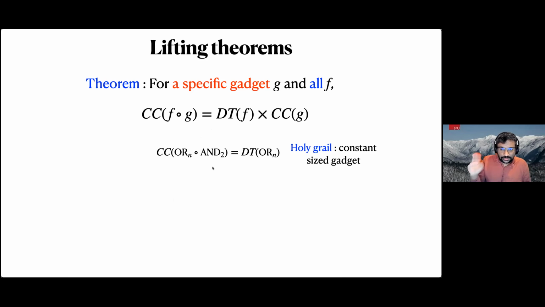So basically this relates the communication complexity, which is this hard model, to the decision tree complexity. It says that for a lifted function and an appropriate gadget, the communication complexity is directly related to the decision tree complexity.